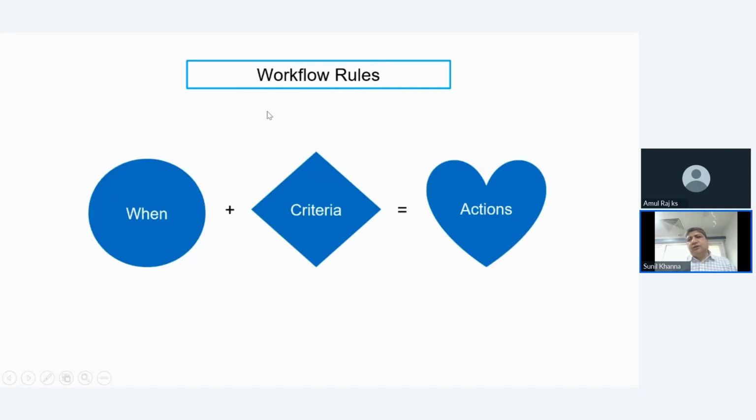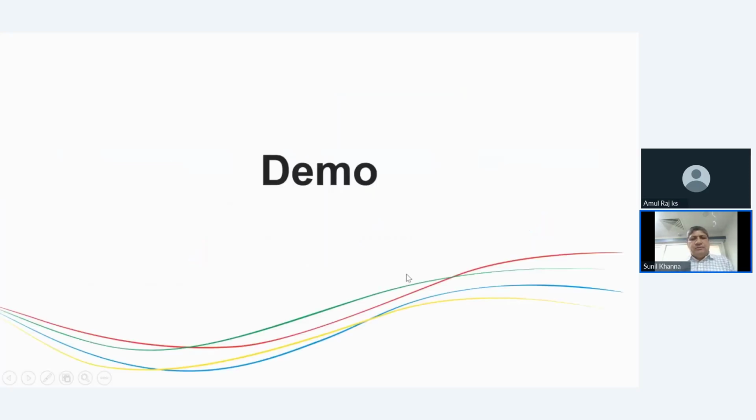Plus, we can also have workflow rules, wherein depending on some criteria, we can take certain actions. So actions can be like, an email can be sent automatically, you can update a field automatically, or you can call an external API automatically. That can be done.